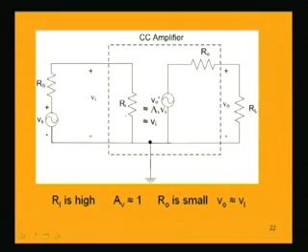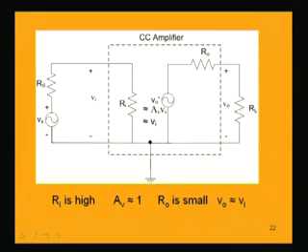Here we have Ri, and this is the output voltage V naught, or say V naught dash, since we are using V naught here. So let V naught dash be the output voltage from the common collector amplifier, and this is nothing but AV into Vi. That is almost equal to Vi because AV is equal to 1.